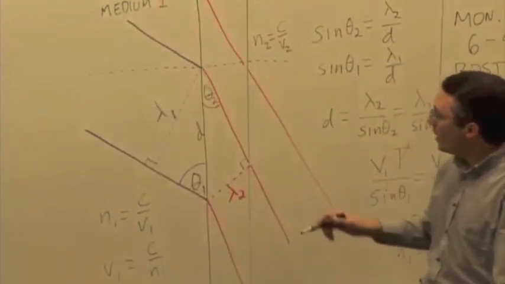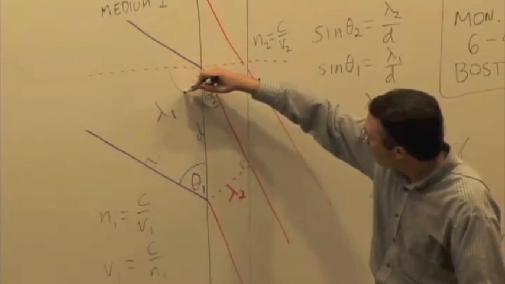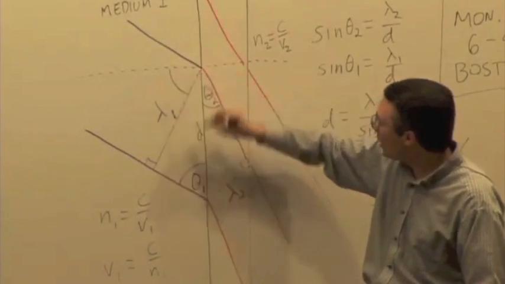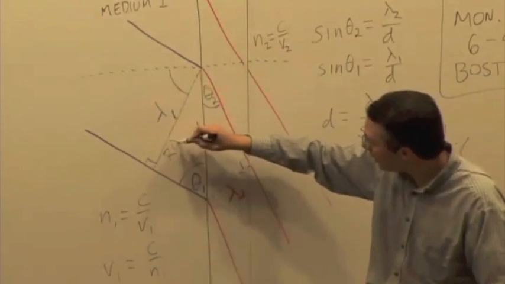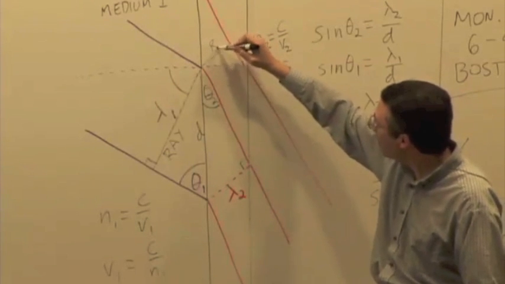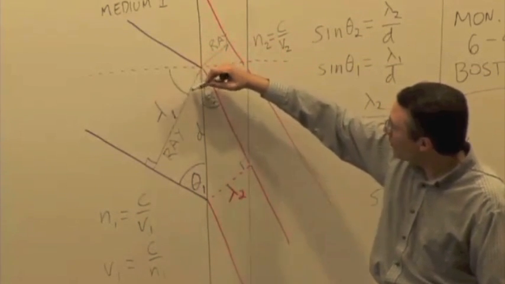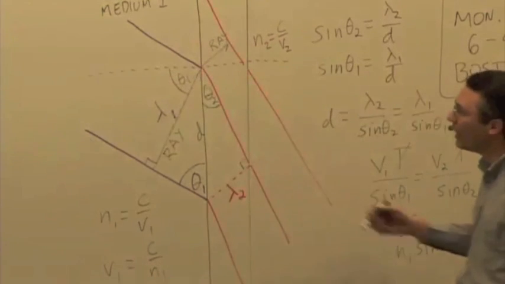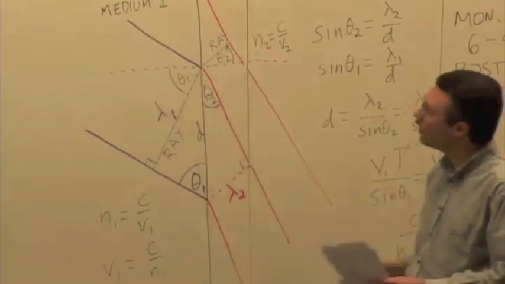You can show that this angle, between this light ray, because the line perpendicular to the wavefronts is a ray, so that's a ray, and here's another light ray, the ray in the second medium. If I draw a line perpendicular to the interface, I'll call that angle the incident angle, and that's the same as theta 1, and this is the same as theta 2.